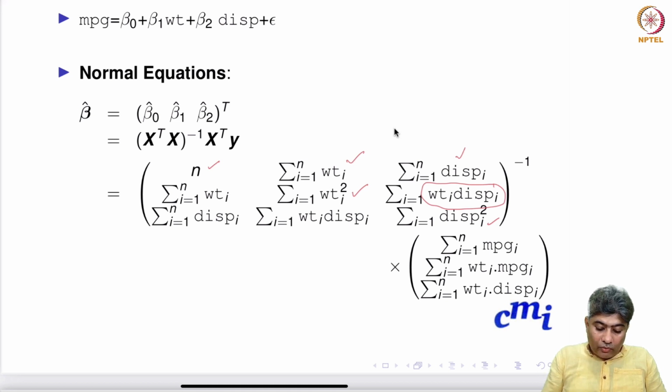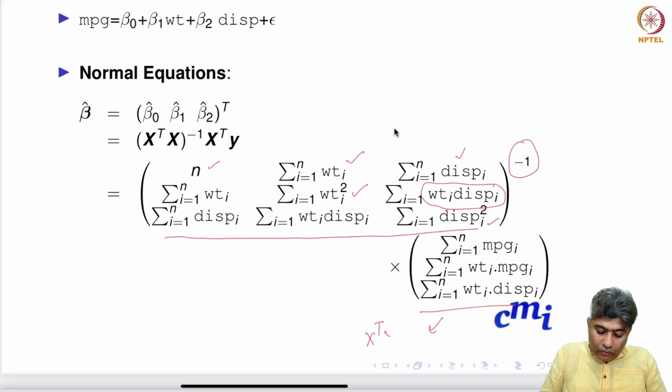So this matrix is X transpose X. You have to take the inverse of that, and this matrix is your X transpose Y. The first element is simply the sum of miles per gallon, the next is weight times miles per gallon, and the third is displacement times miles per gallon. I hope your answer was correct.